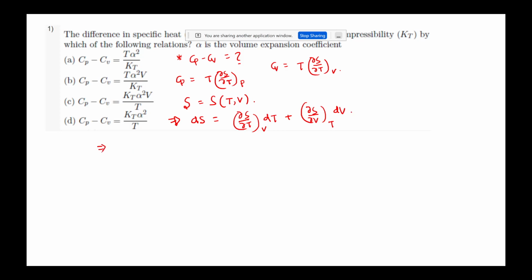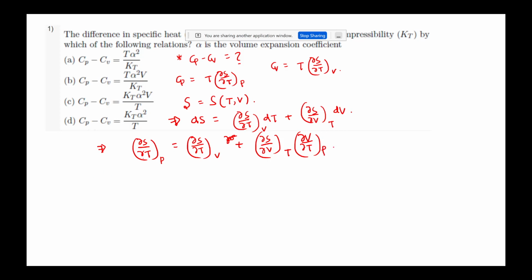So del S del T at constant P, then we are differentiating this with respect to T keeping P fixed. This term will be as usual del S del T V, del T del T. If we differentiate dV with respect to T at constant P, it will be 1 plus del S del V T and del V del T at constant P, right?